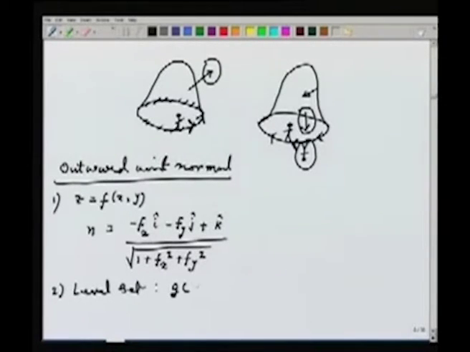Second case is when it's a level set of some nice function g, that is it is of the form g(x,y,z) equals 0. In that case, the formula for the outward unit normal vector is grad g divided by norm grad g. Of course, assuming that this is non-zero, so that it would make sense.